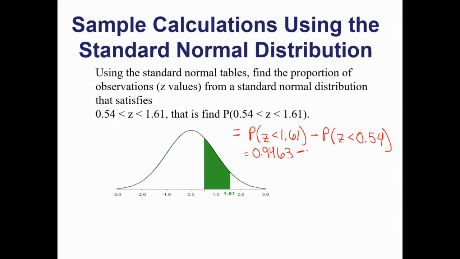Why is the probability that z is less than 1.61 greater? What we're doing when we find these probabilities in the table, anytime you use the table, it will always give you less than.